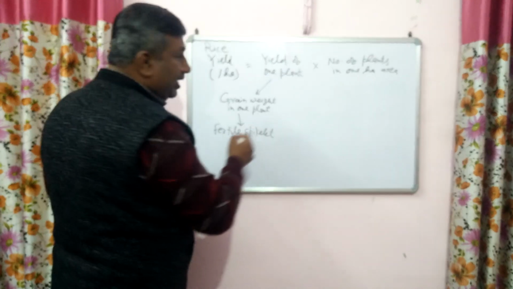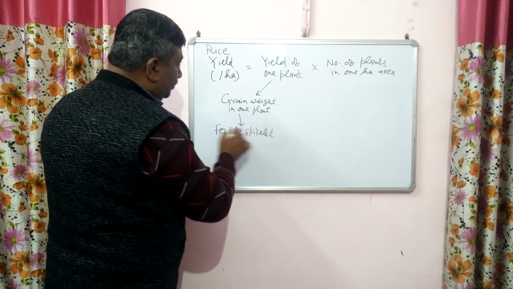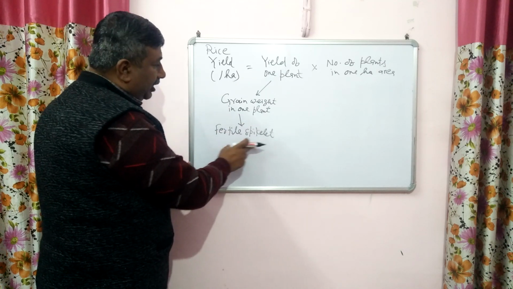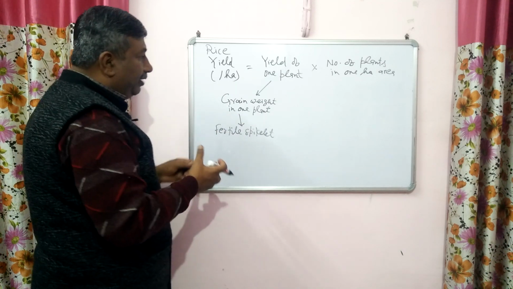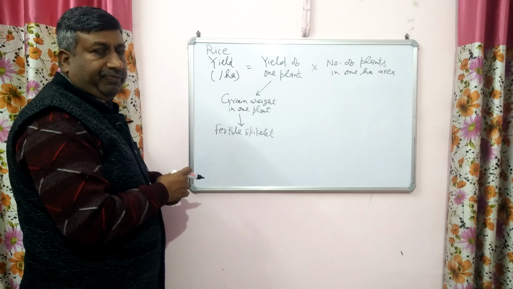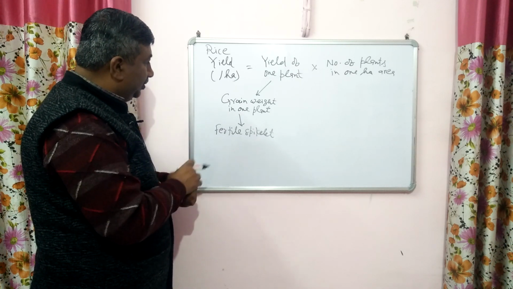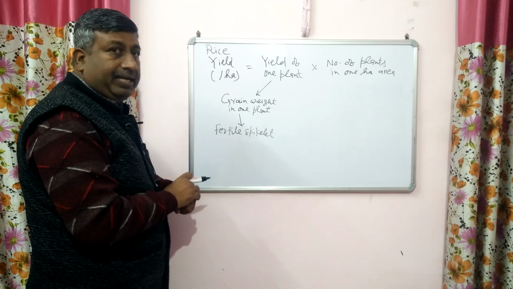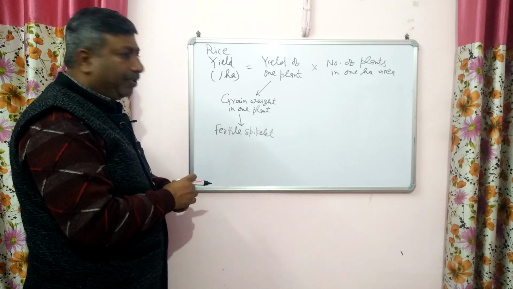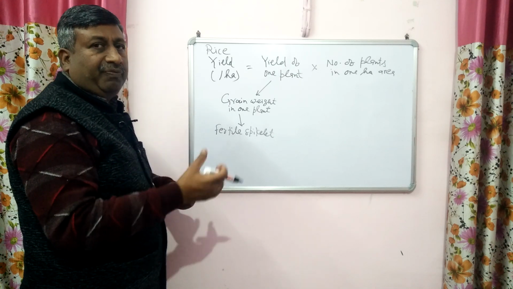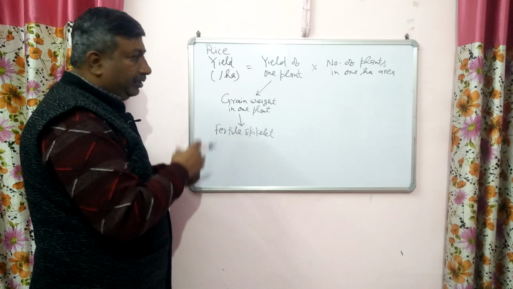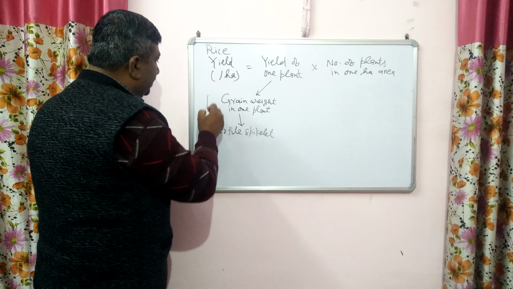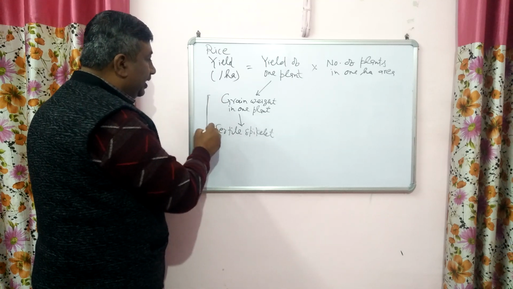So from the weight of the fertile spikelets, meaning the grain weight, we will calculate. This weight is the grain weight. There may also be sterile spikelets or unfilled spikelets, and we can say fertile spikelet is filled spikelet. So there may be different names, and the question language may be different, but we have to understand the relationship between the spikelet and the grain.